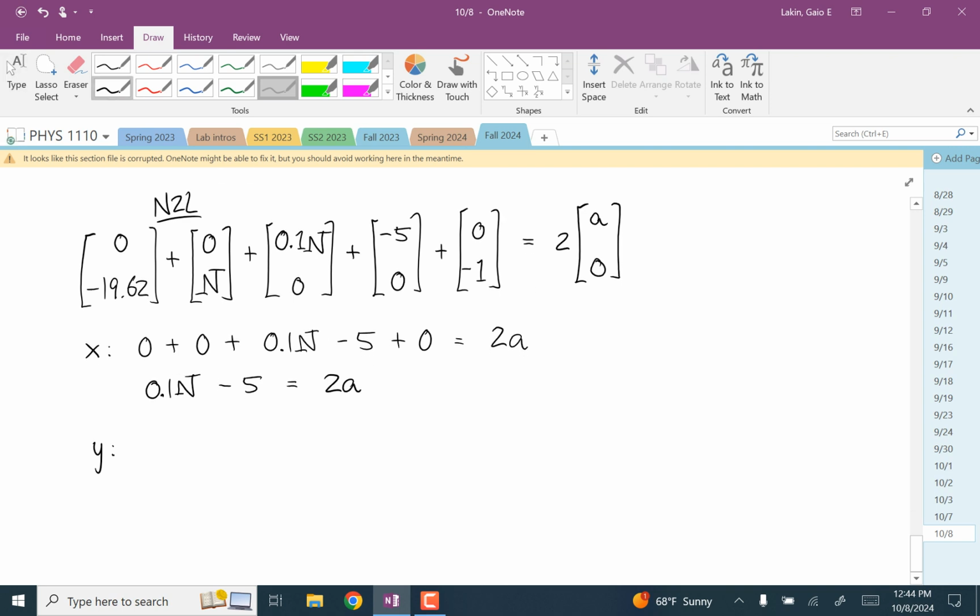So the y equation says negative 19.62 plus N plus 0 plus 0 minus 1 is equal to 2 times 0. And so negative 19.62 plus N minus 1 is equal to 0.